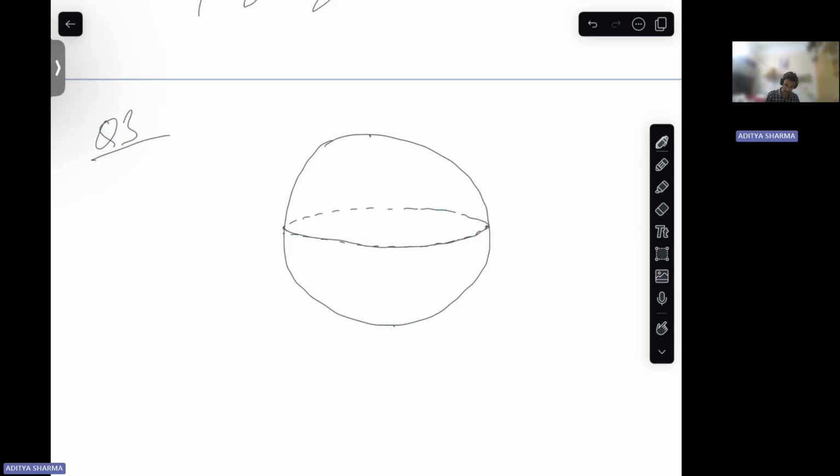So if this is your north and this is your south, these circular lines, if we consider Earth as a sphere. Another line I'll draw this way.